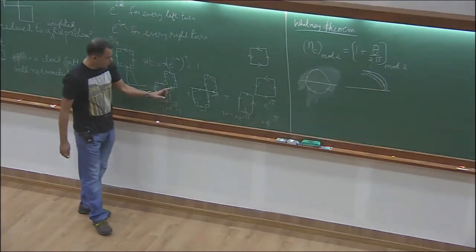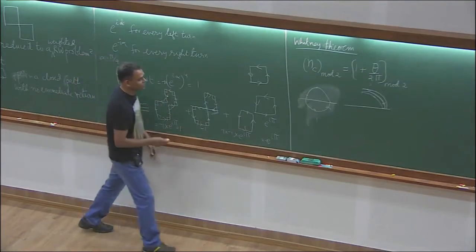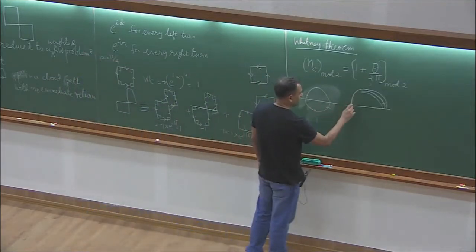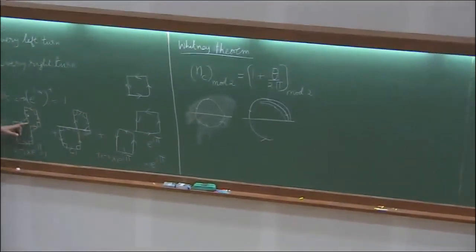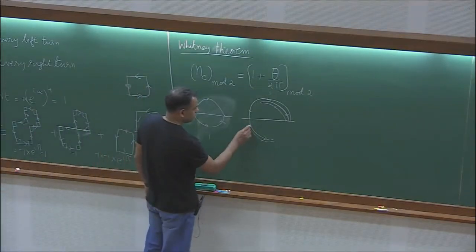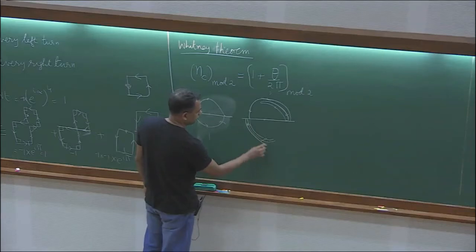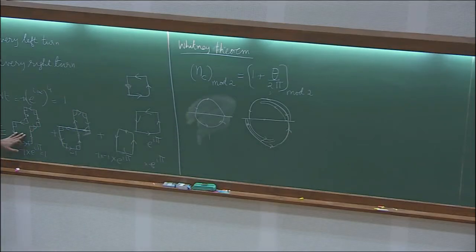So left turn, right turn, left turn, left turn, right, left turn, left turn. So I'm here now. Left, left, right, left, left. So right, left, left. So that's 2 pi. So the number of crossings is 0, and that matches with this.